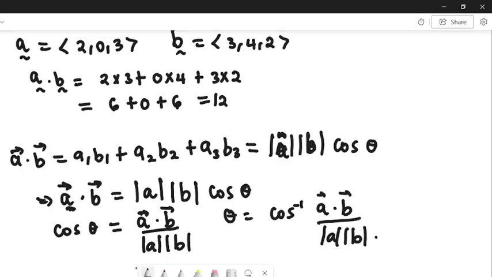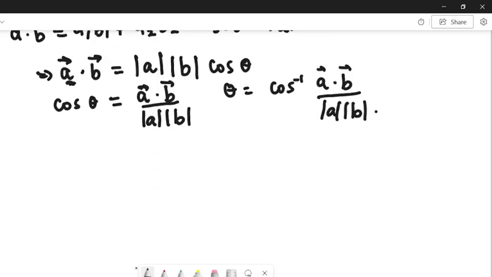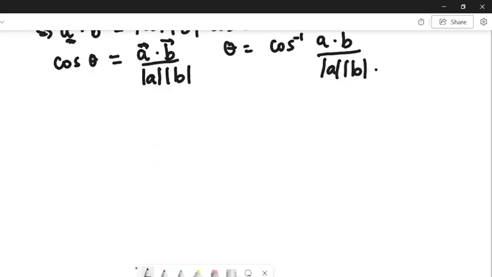Next, previously we looked at two vectors being parallel if one can be written as a scalar multiple of the other. But how about when they are perpendicular or orthogonal?